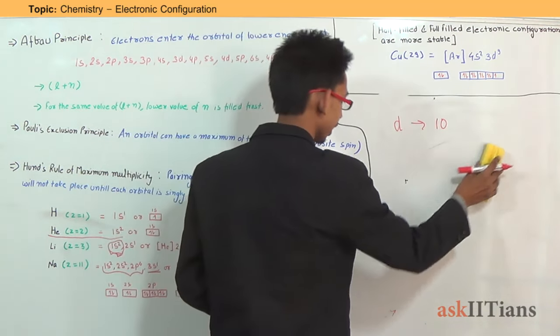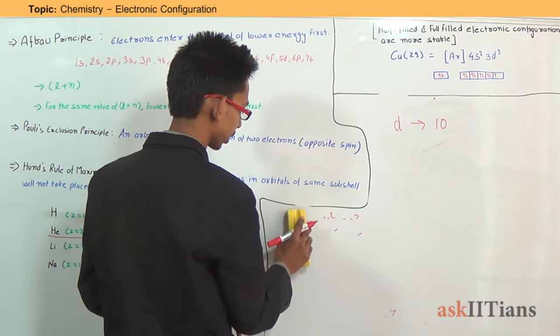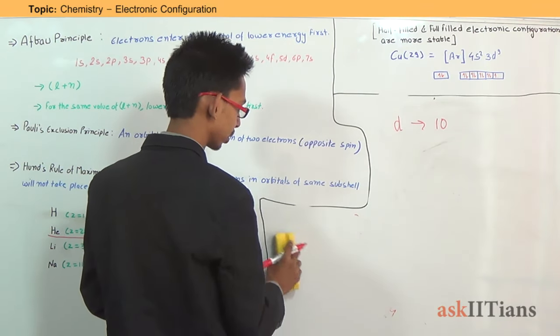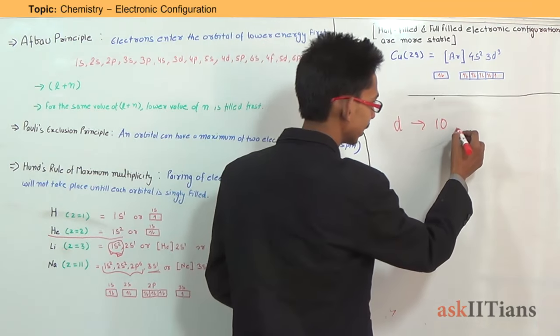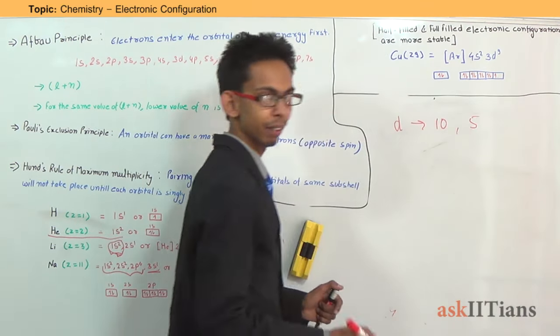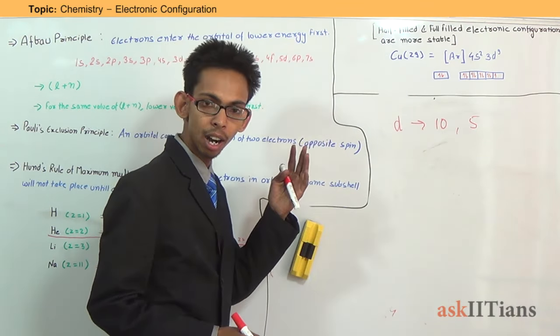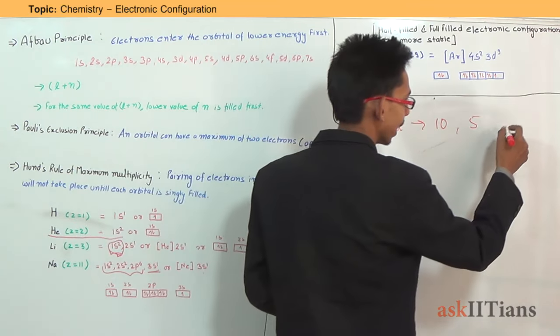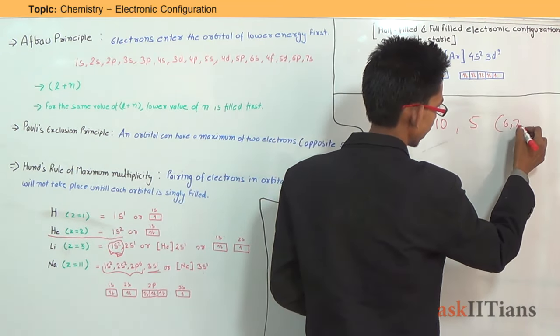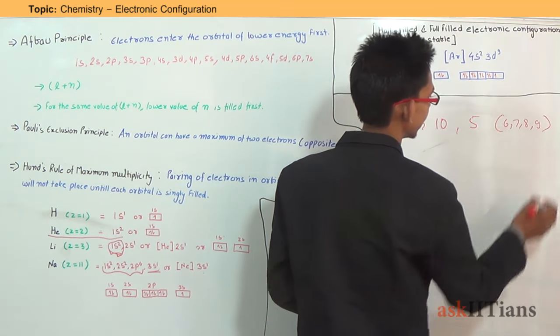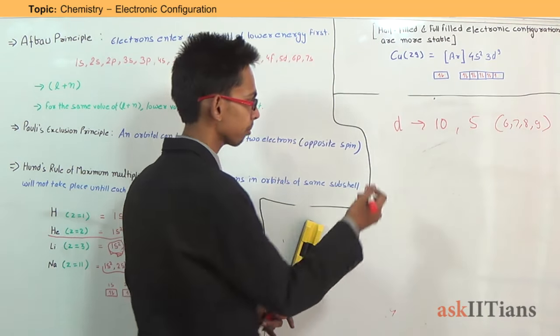So a d subshell can have a maximum of 10 electrons. If it contains 10 electrons, we'll say it is fully filled. If it contains exactly half the number, that is 5 electrons, we'll say that it is half filled. And if it contains any other number between 5 and 10, that is 6, 7, 8 or 9, we will say that it is partially filled.